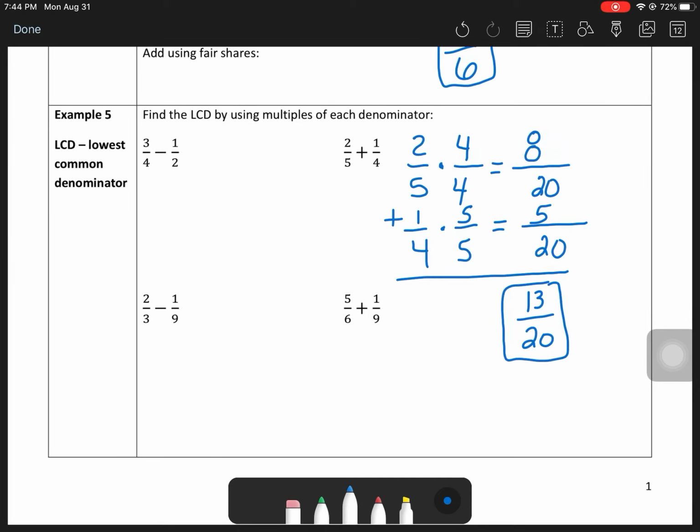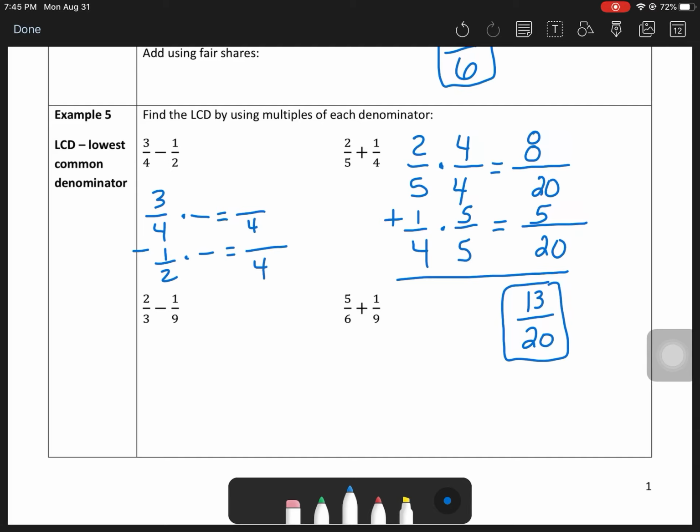Now in the rest of these examples, what we want to do is first write the fractions up and down vertically and decide what we are going to multiply by to get the common denominator. If I count by 2's and I count by 4's, the first number they have in common is 4.